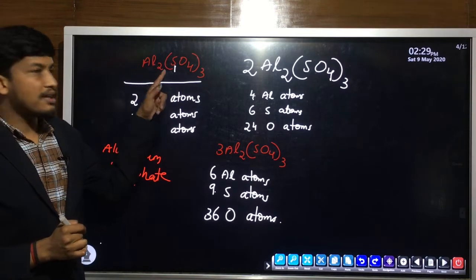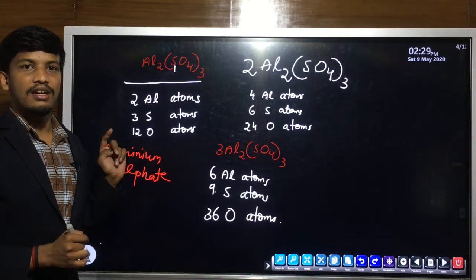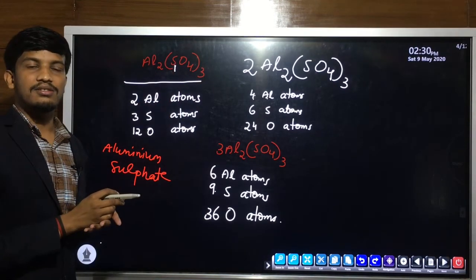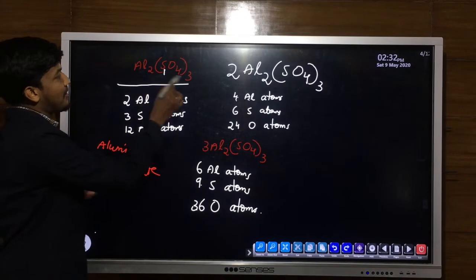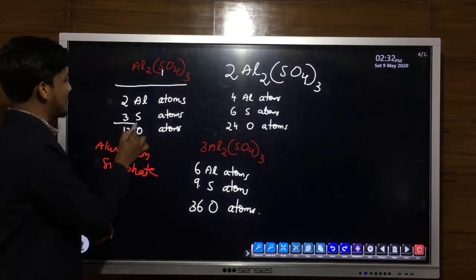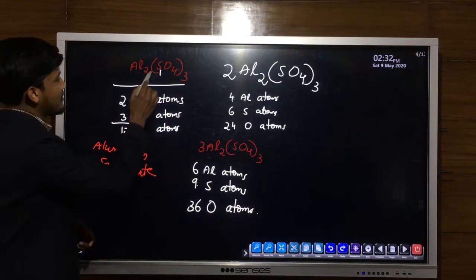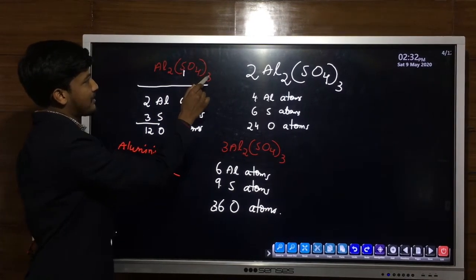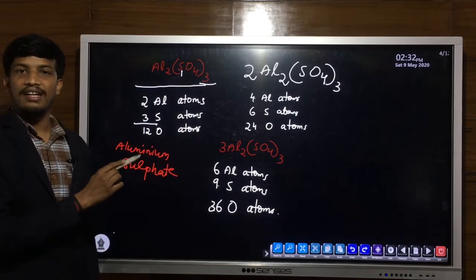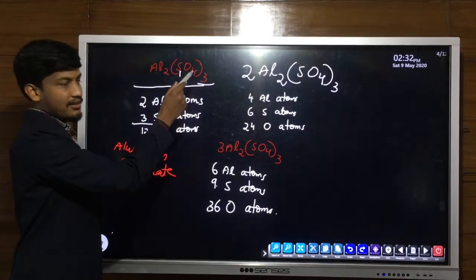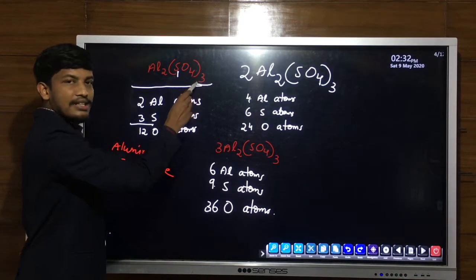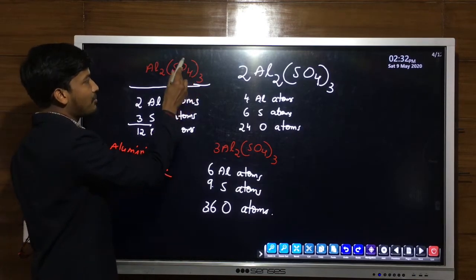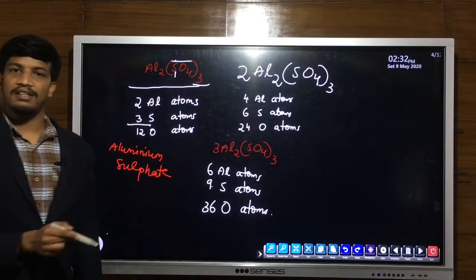But the number of sulfur atoms is not 1 in this case, because sulfur is inside the brackets, and outside the brackets there is a subscript of 3. Whenever there is an outside number, the number which appears outside the bracket will be common for all the elements present inside the brackets.